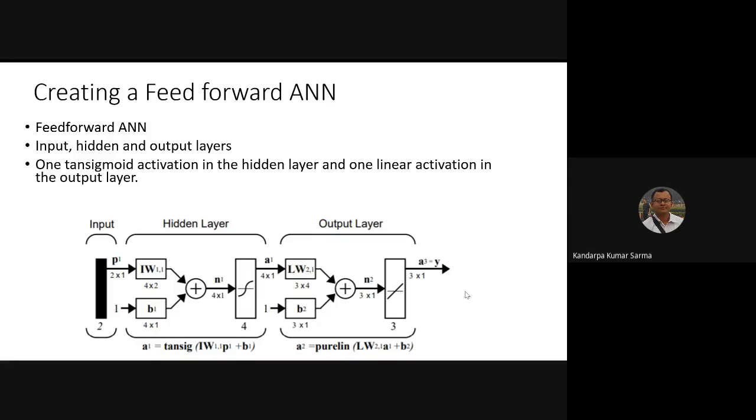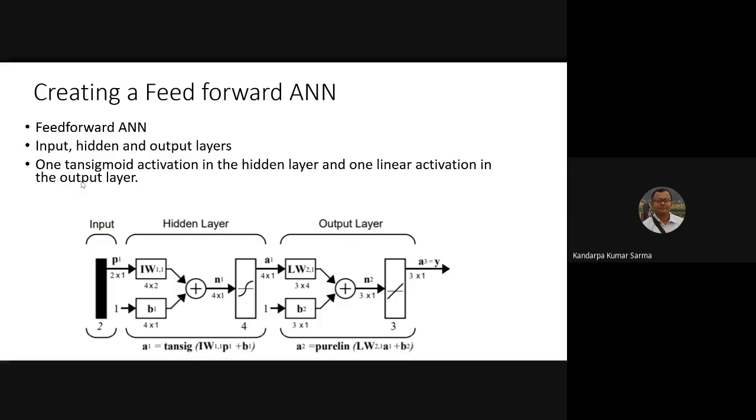This particular diagram is the basis of how the Matlab compiler's logic is formulated while designing a feed-forward neural network. Here there will be an input, a hidden, and an output layer, and then there shall be one tan sigmoidal function and one purely linear function.